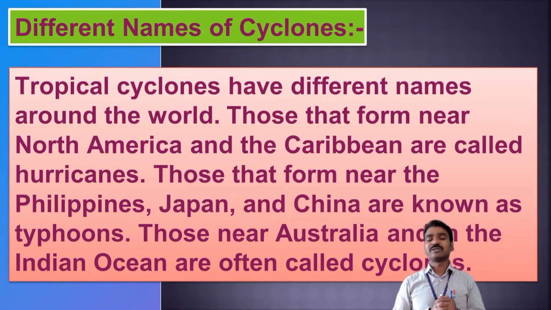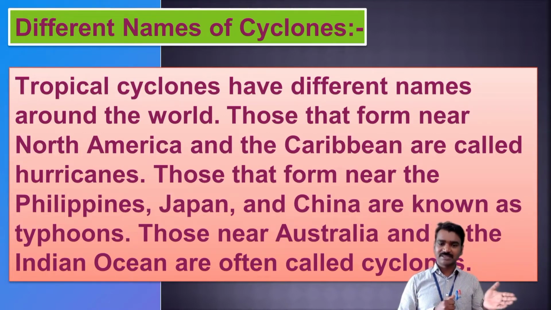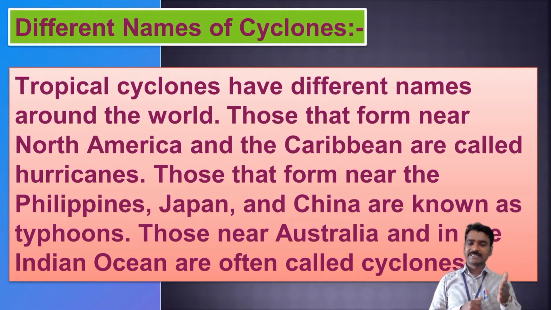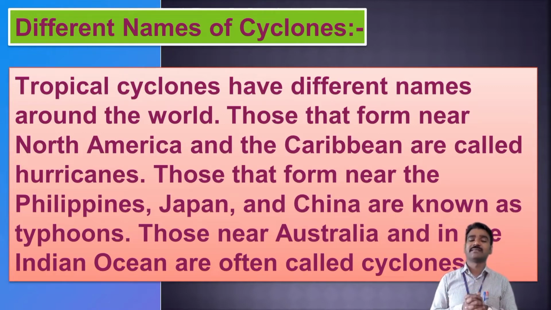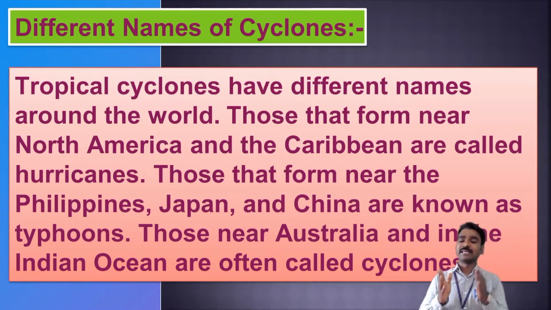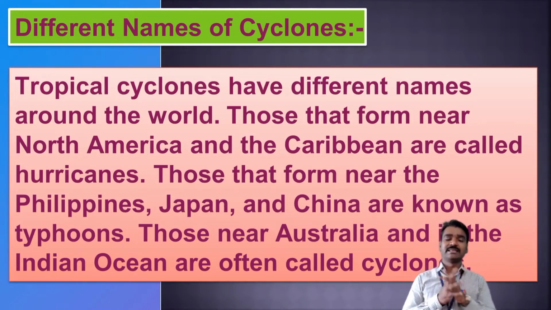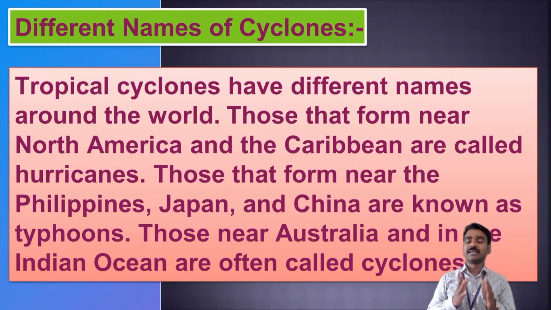And the cyclones which form near the Philippines, Japan and China, these countries located in Asia, once again I will repeat, the cyclones which form near the Philippines, Japan and China are called typhoons. And when these cyclones form near Australia and in the Indian Ocean, here we call them cyclones.